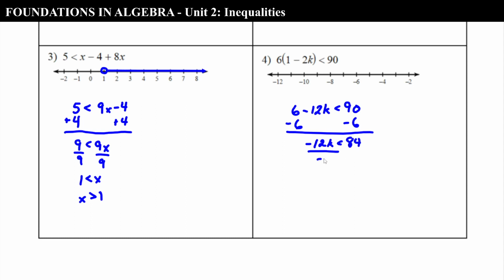And then we divide each side by negative 12, remembering that when we divide by a negative, we're going to have to flip the inequality. And you use your calculator, and you can get k is greater than negative 7. So we're going to plot an open dot at negative 7, which is right between negative 6 and negative 8. And we're going to go to the right.